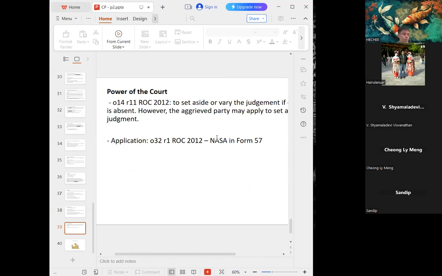Maybe today the plaintiff is absent or the defendant is absent, so the court may dismiss the action and judgment can be entered. So the aggrieved party, which means the party who was dealt with already, can apply to set aside the summary judgment entered against them. They have the right. So this is how they apply for that.